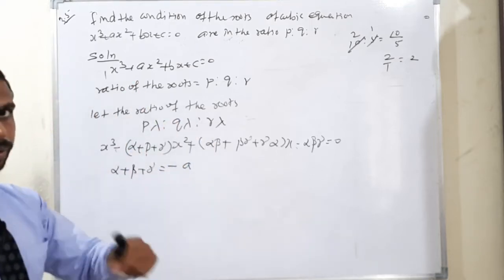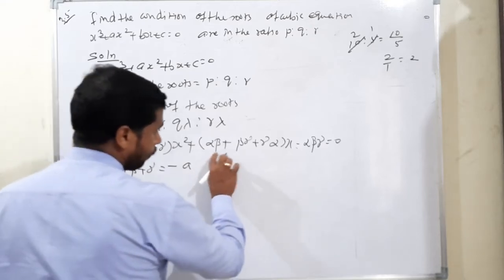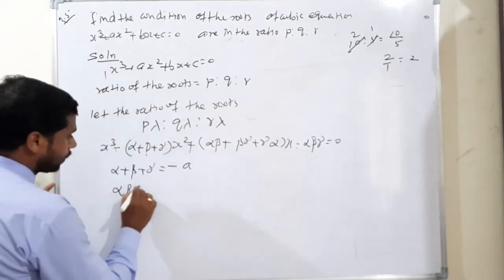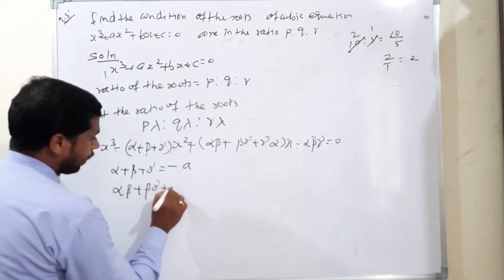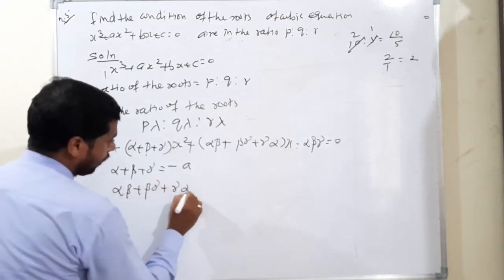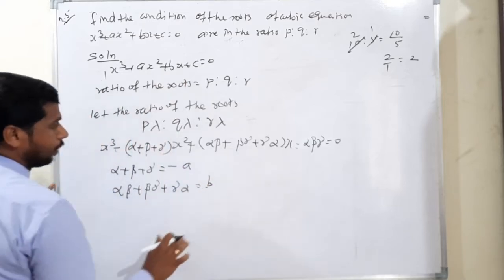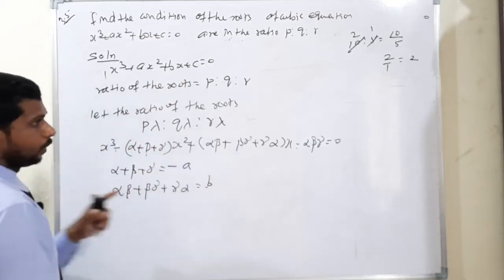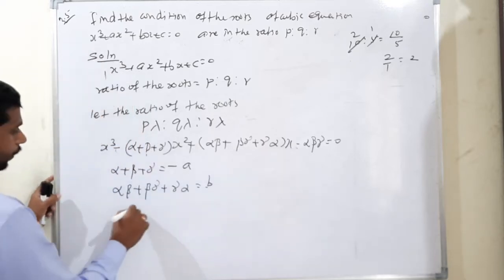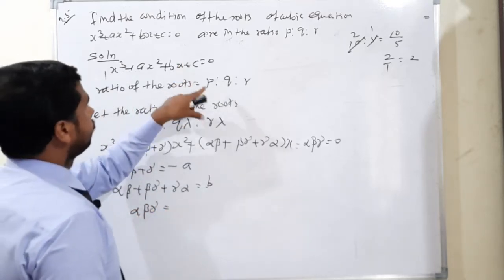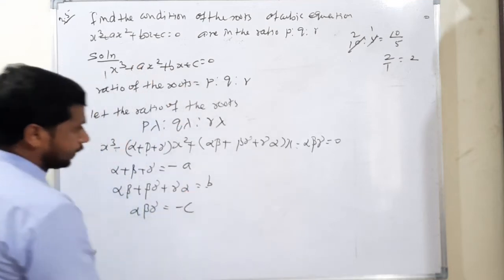The sum of the product of the roots taken two at a time, alpha beta plus beta gamma plus gamma alpha, is equal to b. The last constant is negative, so alpha beta gamma is equal to minus c.